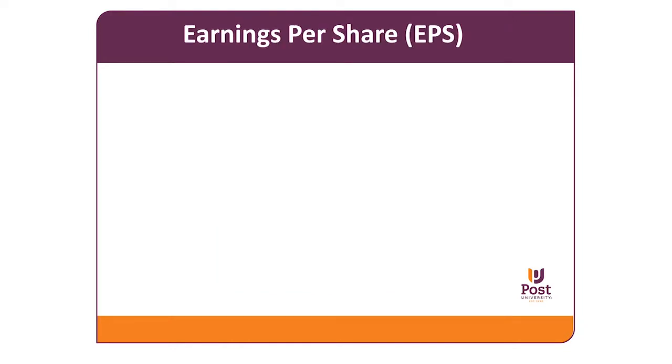The earnings per share, EPS, is the most famous of all ratios. It tells me how much profit each share of stock earned. Earnings per share is often considered the single most important ratio to determine a corporation's profitability. We often look for trends and compare the earnings per share year to year.